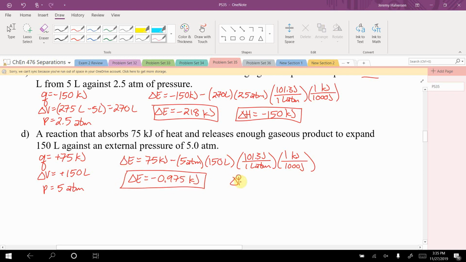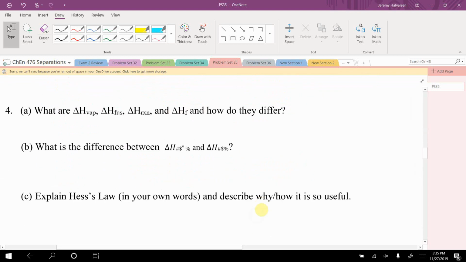I also get that delta H equals 75 kilojoules. Cool. So that is calculating energy and enthalpy given heat and work information.